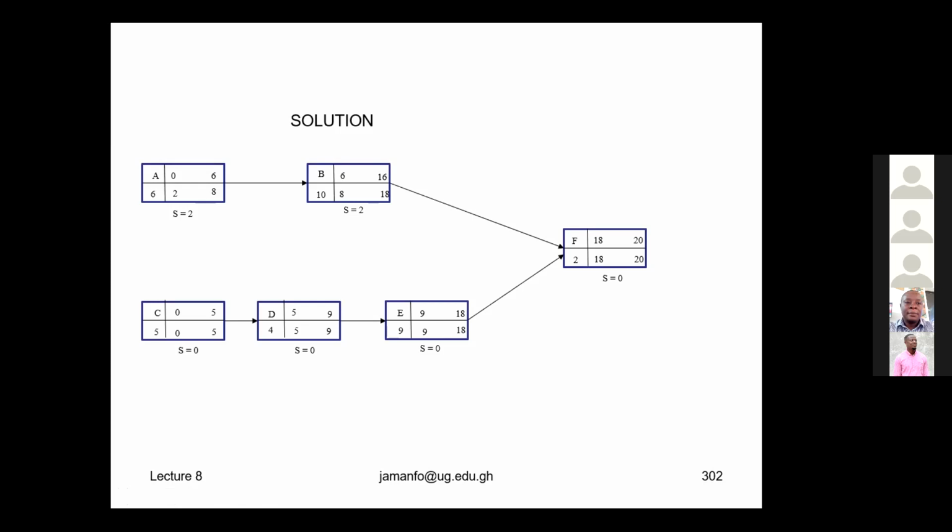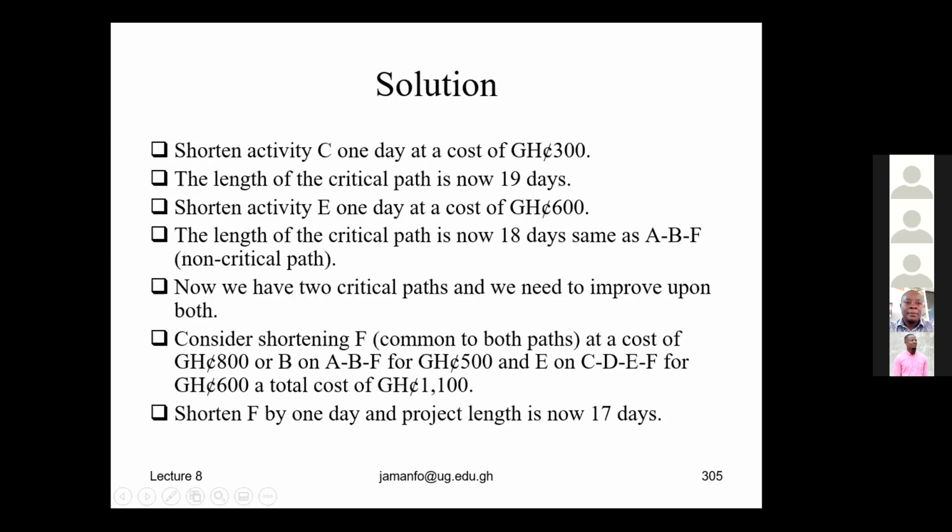Activity F. It's activity F. This is ABF, CDEF. F is common to both paths. So we'll crash this. But before then, the length of the critical path is now 18 days, same as ABF, which was a non-critical path. Now we have two critical paths and we need to improve upon both.